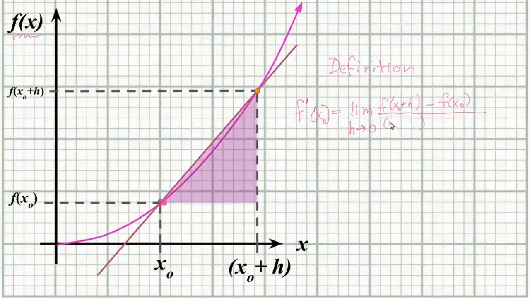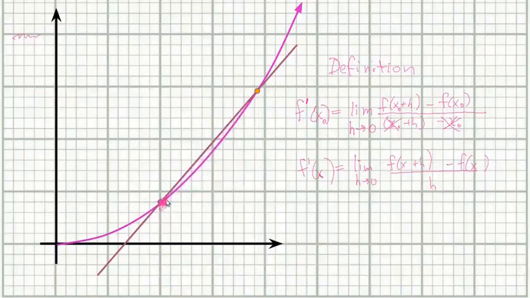And here our change is x0 plus h minus x0. Notice I'm subtracting this here, so it cancels out. So my definition is going to be the limit as that little change h approaches 0 of f of x0 plus h minus f of x0 divided by h. That's f prime evaluated at x0. But of course, x0 is arbitrary, so this is true for any x. So that's the definition of the derivative.